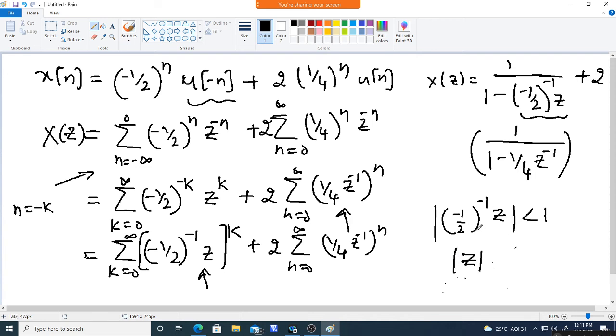The magnitude of z should be less than minus half. And here, 1 by 4 z inverse must be less than 1, or we can write z should be greater than 1 by 4.